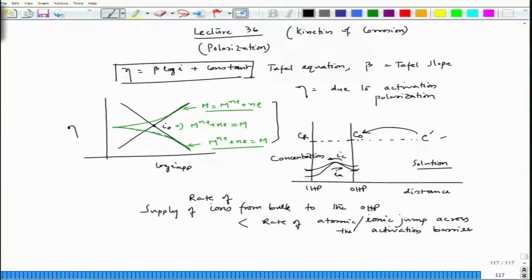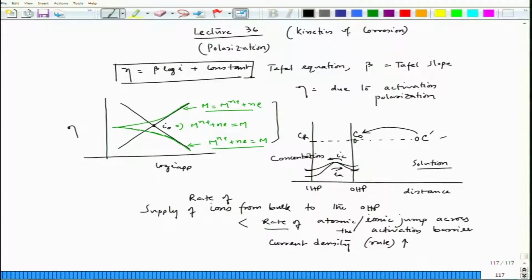So, there would be a lag from this section to this section, and that lag could be generated since this rate is increasing. That suggests that the current density, which is nothing but a rate, is very high.